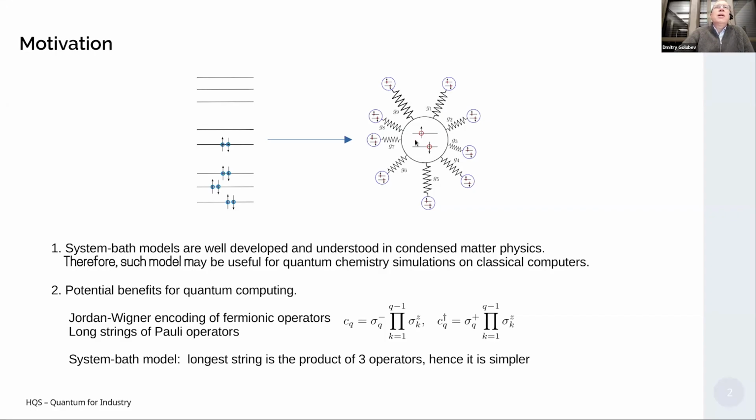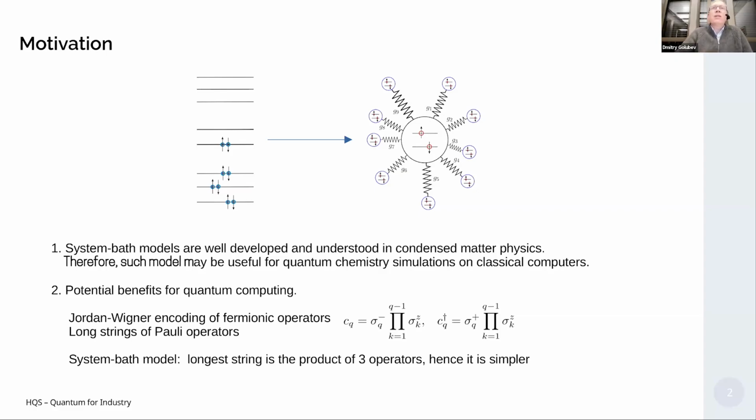This part can be solved exactly, and the rest we represent as a set of oscillators with coupling constants G1, G2, G3 coupled to the system, and these constants are actually very numerous, many thousands of them, but still one can solve many things. So why do we do this? Because the system bus models are very well known in condensed matter physics. People know how to solve them, use them all the time to describe, for example, qubits in quantum computers.